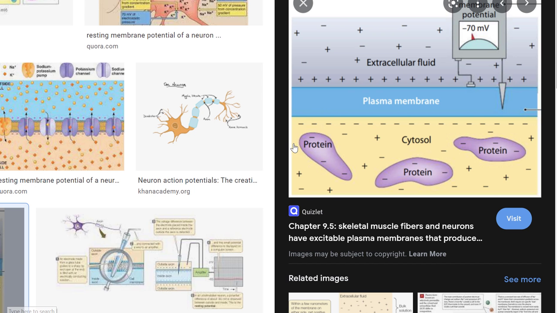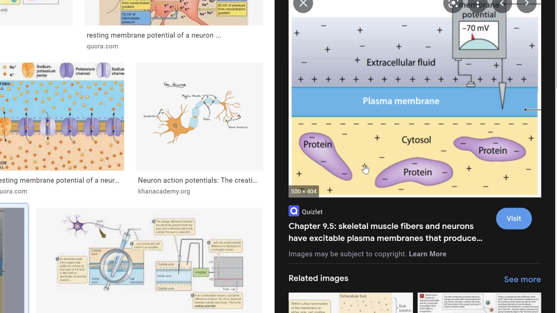If you look over here, we can see there are other ions that contribute to this overall charge. Here we have this little voltmeter, with one side connected outside, extracellular, and the other side connected within the plasma membrane, across the cytosol, which is the inside.